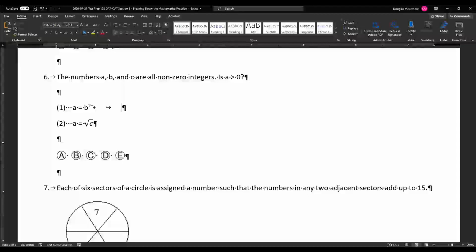Try some B's out. If B is 0, what's A? If B is equal to 0, then what's B squared? It's 0. So using that, is 1 sufficient or insufficient to tell us whether A is greater than 0?